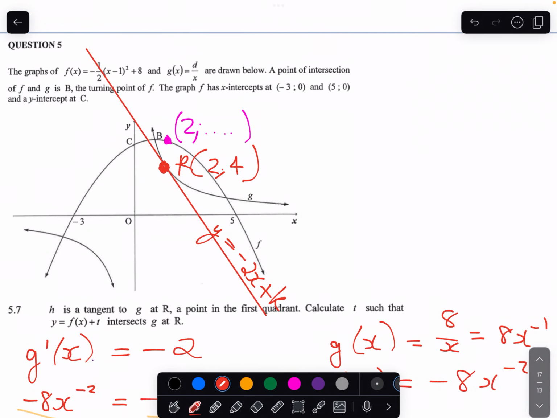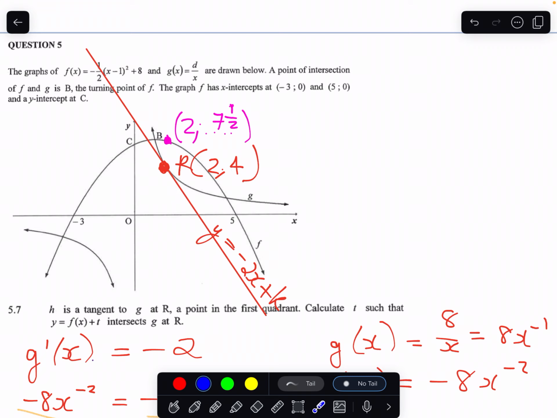I'm going to keep it as 7 and a half really. So now I know that the gap here is 3 and a half. If I can just move this parabola down by 3 and a half units, then it will intersect with my hyperbola over there.